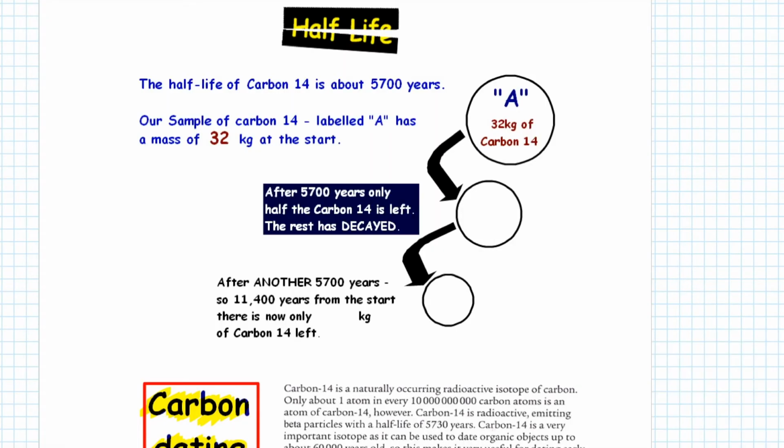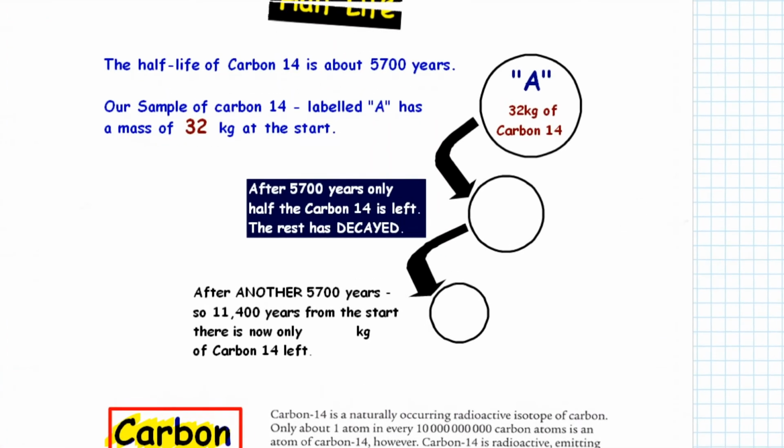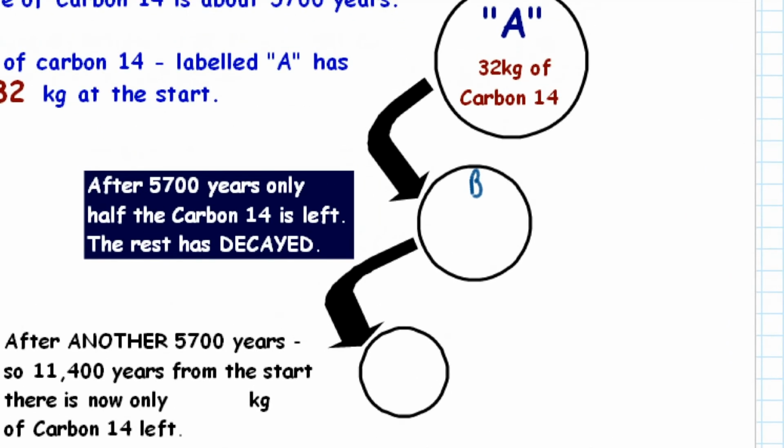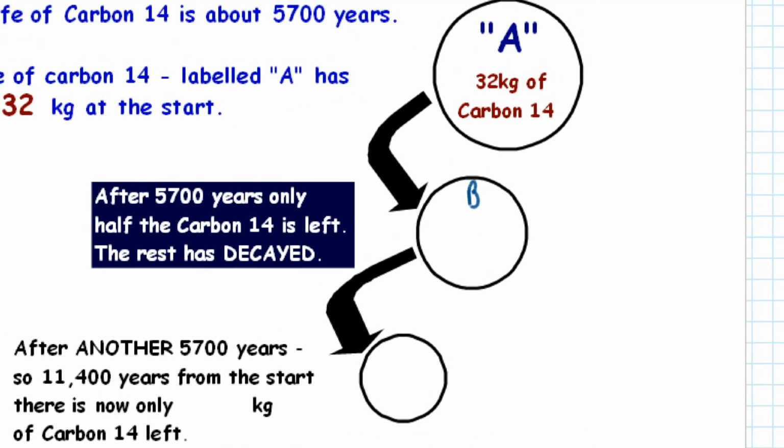Back to the booklet. What you need to do here is write in, I'll do the first one, you can do the second one, the value of the carbon-14 in both those circles. So for that second circle there, it's going to be 1 half-life. So half of 32 is 16 of carbon-14.